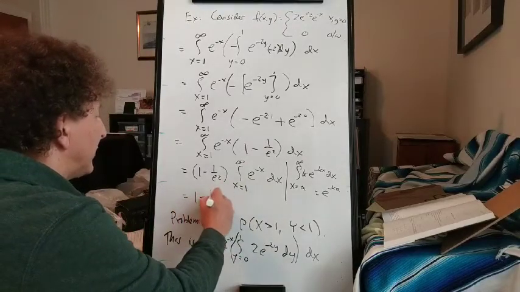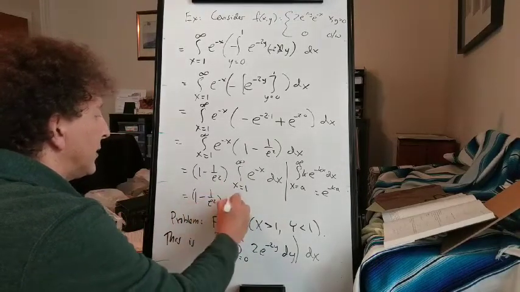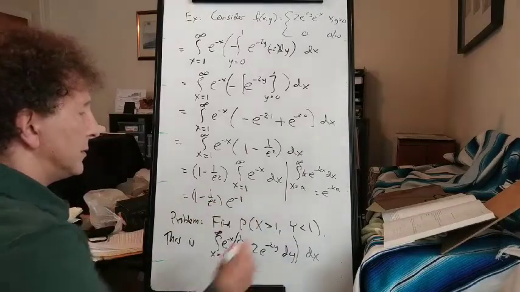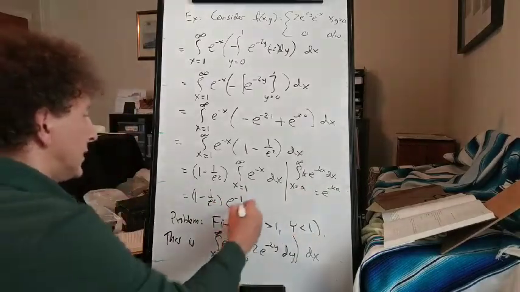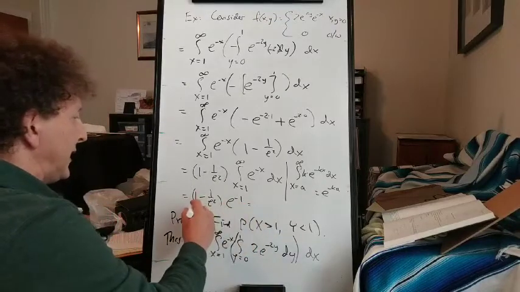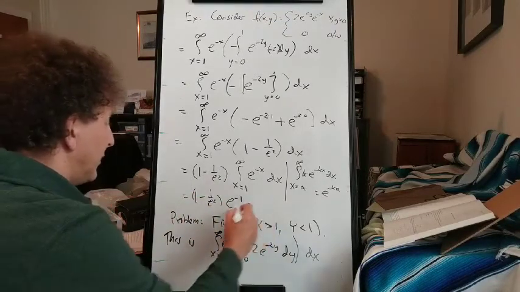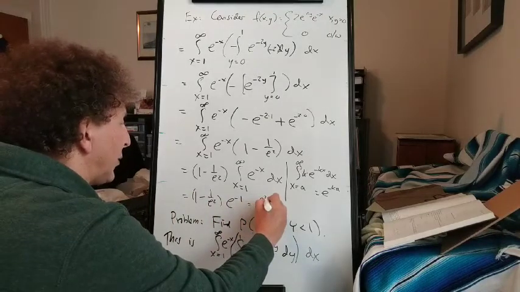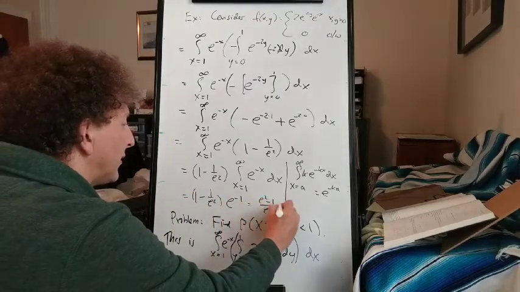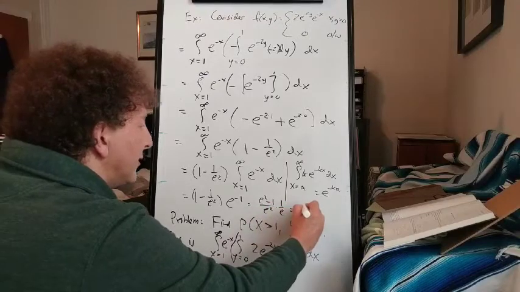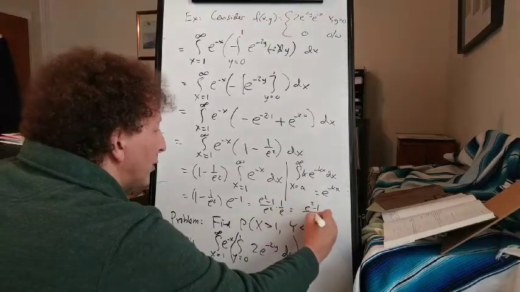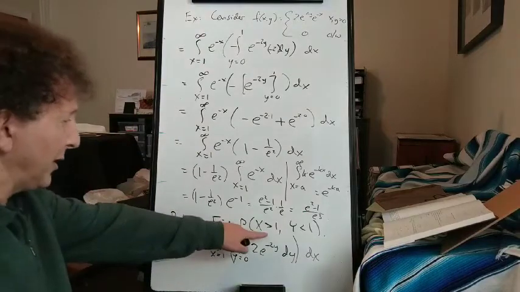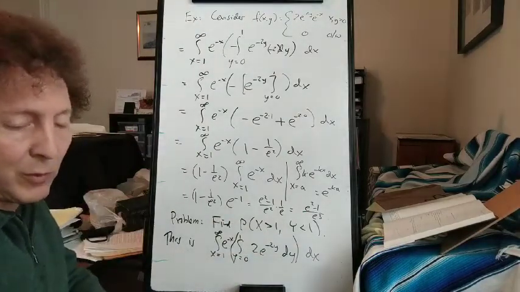So we have 1 minus 1 over e squared, e to the minus 1, 1 times 1. So that's 1 over e times this. So 1 over e, I guess we can write this as e squared minus 1 over e squared times 1 over e. So we have e squared minus 1 over e cubed is the probability that x is greater than 1 and y is less than 1.